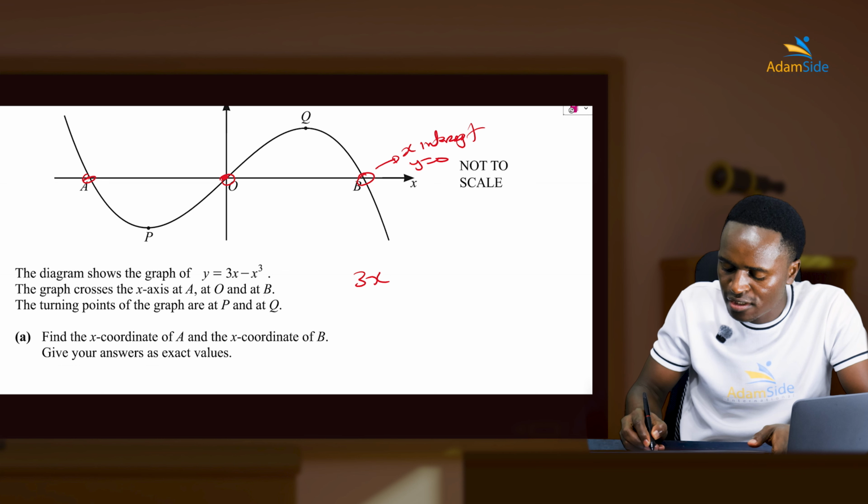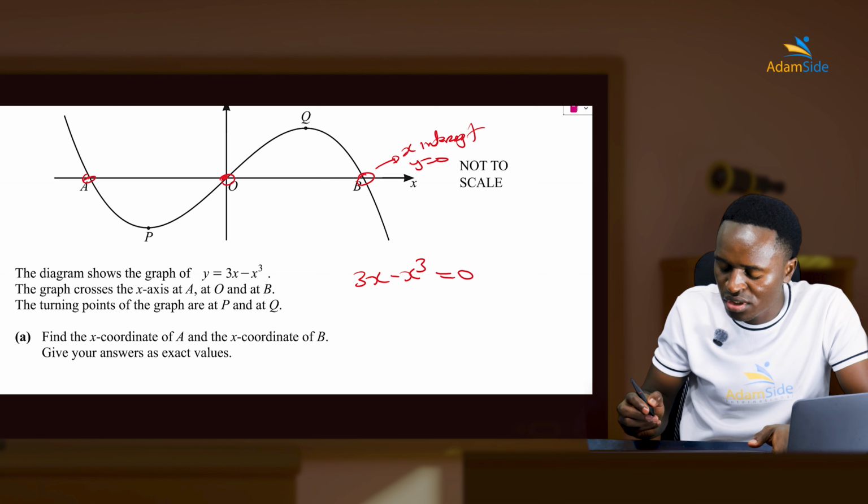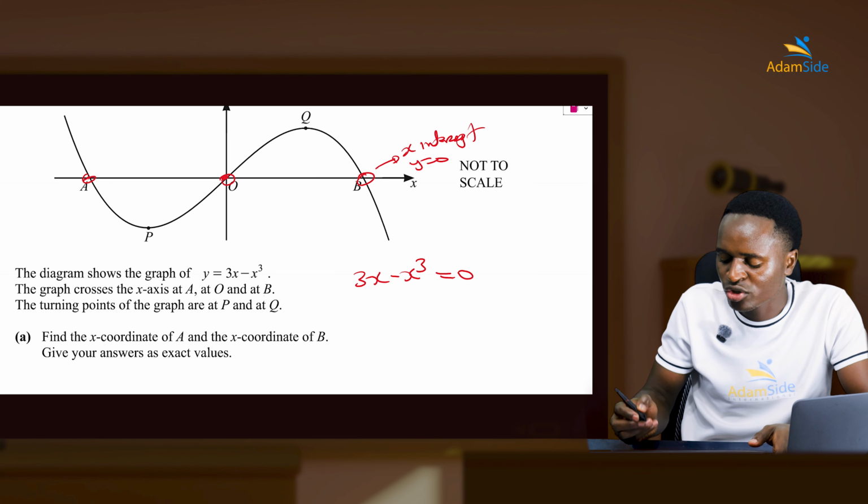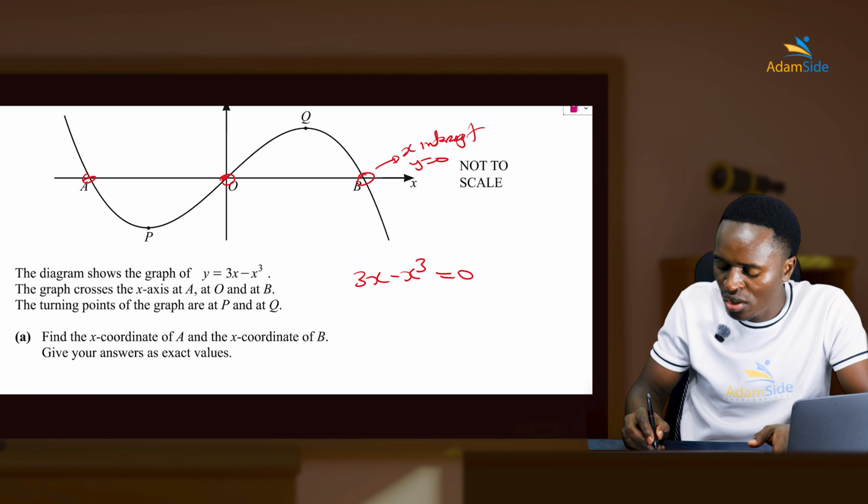So we say 3x minus x cubed is equal to 0. Then we need to factorize. The common factor is x. So x into 3x divided by x is 3, then negative x cubed divided by x gives negative x squared, is equal to 0.